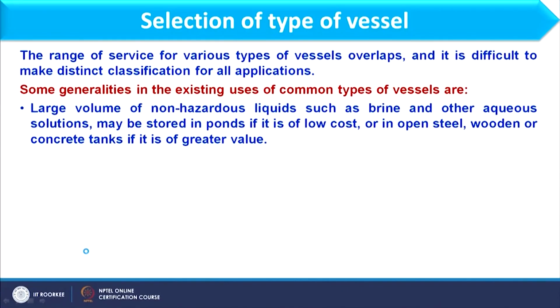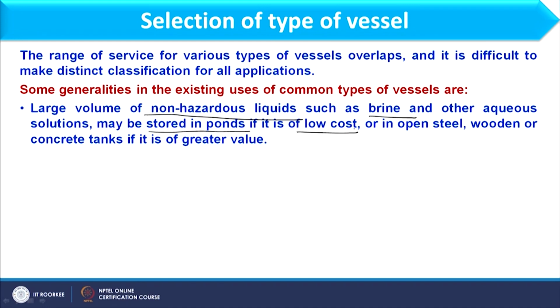However, we have some guidelines to select a particular vessel for a given operation. Okay. So, those guidelines are, if you see here, a large volume of non-hazardous liquid such as brine and other aqueous solution may be stored in ponds if it is of low cost.